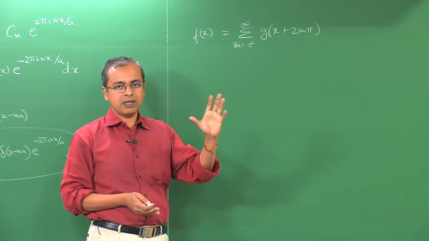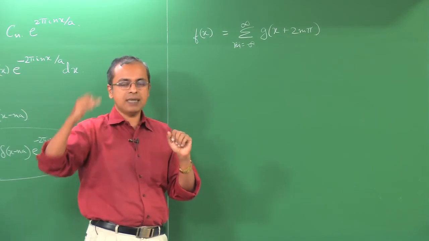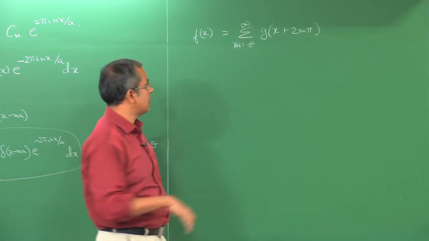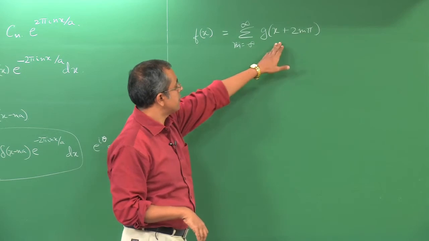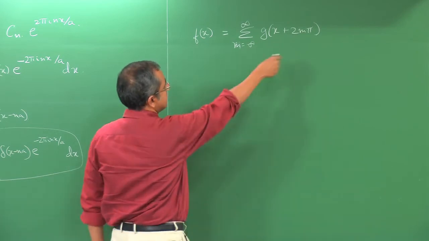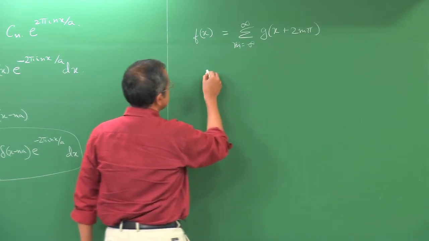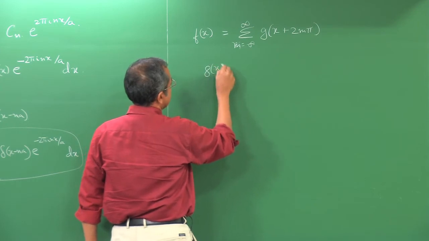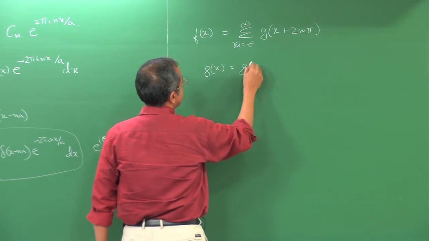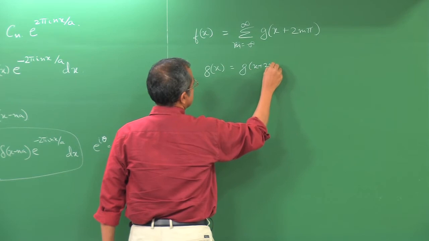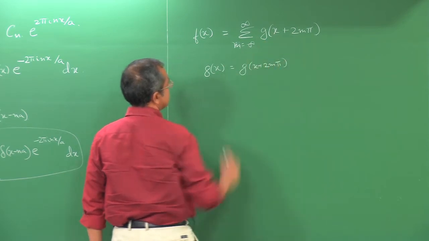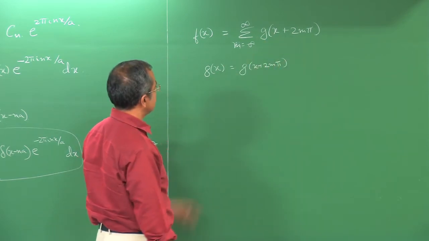So, the function keeps getting the same value at that periodicity. Therefore, if the periodicity is 2 m pi in this case, g of x will be the same as g of x plus 2 m pi. That is why you say that is the periodicity of that function.